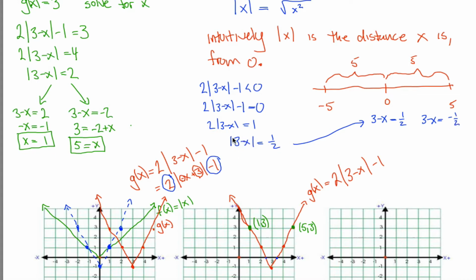If it equals negative 1/2, the absolute value of negative 1/2 is 1/2. I change this one equation into 2 different equations. The advantage to these equations is I can solve them. I could add x to both sides of the equation and subtract 1/2 from both sides of the equation and get 2.5 as x. I could add 1/2 to both sides of the equation and add x to both sides of the equation to get 3.5 equals x and get these 2 solutions.